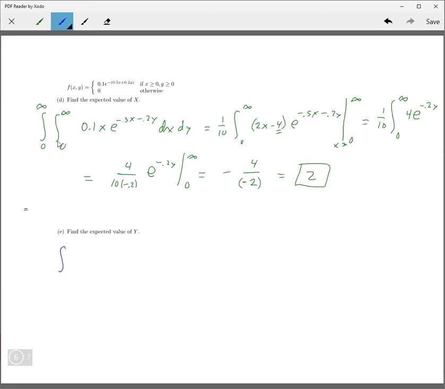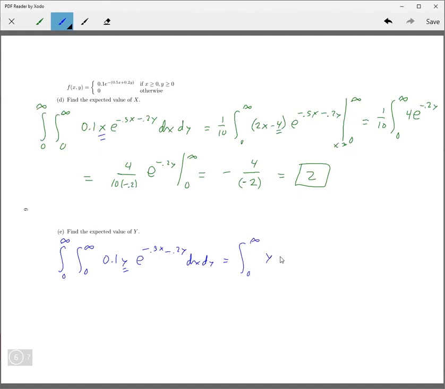Wait a minute. Okay, it is part C. Oh well. And this is the second part of part C. So here, instead of an x, you have a y. And the integration with respect to x goes just as we did before in this case.